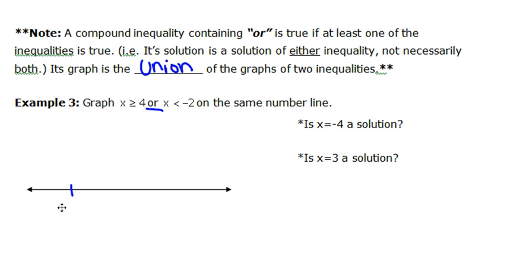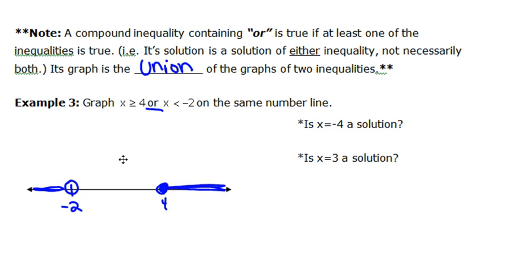So my smaller number is -2. My larger number is 4. X is less than -2 is an open circle, and it's going to the left. This one is a closed circle at 4, and it's greater than, so it's going to the right.